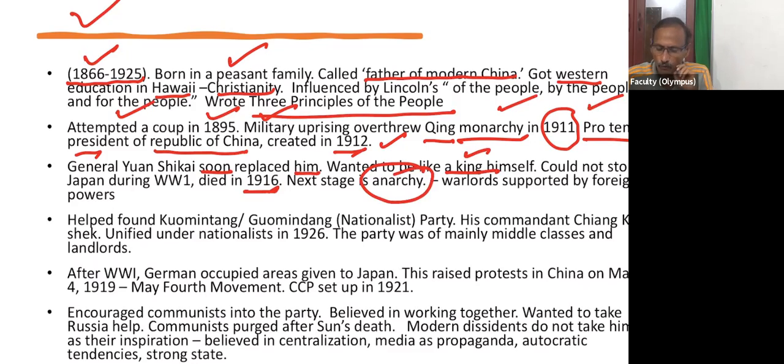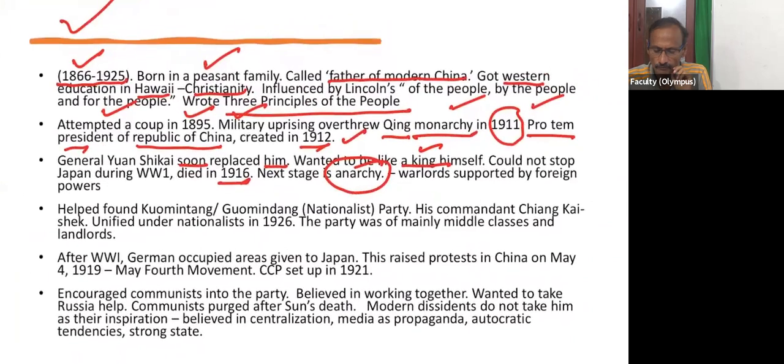There were warlords in different parts of China supported by foreign powers. They were fighting among themselves. So it was a chaotic situation after 1916.